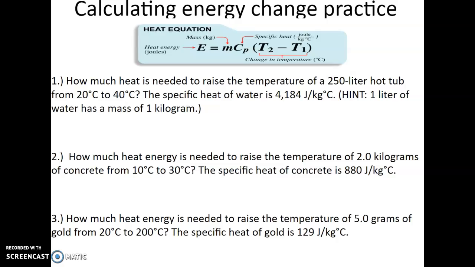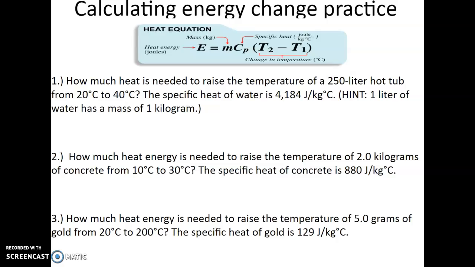The specific heat, which is Cp, is equal to 4,184 joules per kilogram degree Celsius, right? Remember, that is specific to the substance that you're looking at. In this case, you're talking about water, so the specific heat of water is always going to be 4,184 joules per kilogram degree Celsius.